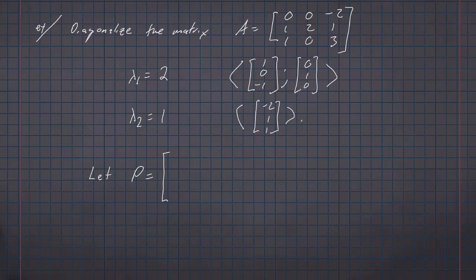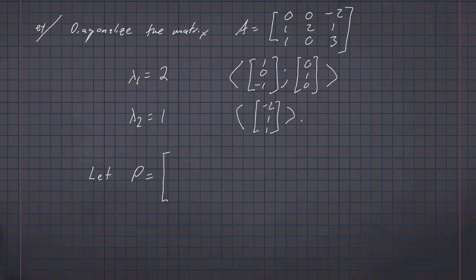And to diagonalize a matrix, we are going to construct matrix P so that the columns of matrix P are these linearly independent eigenvectors.